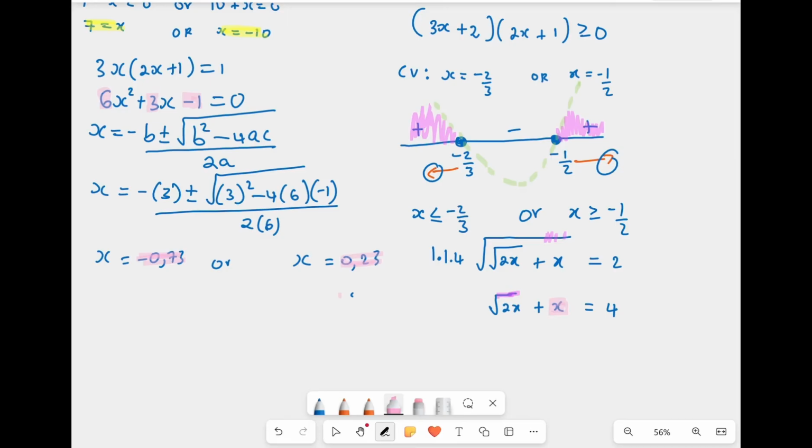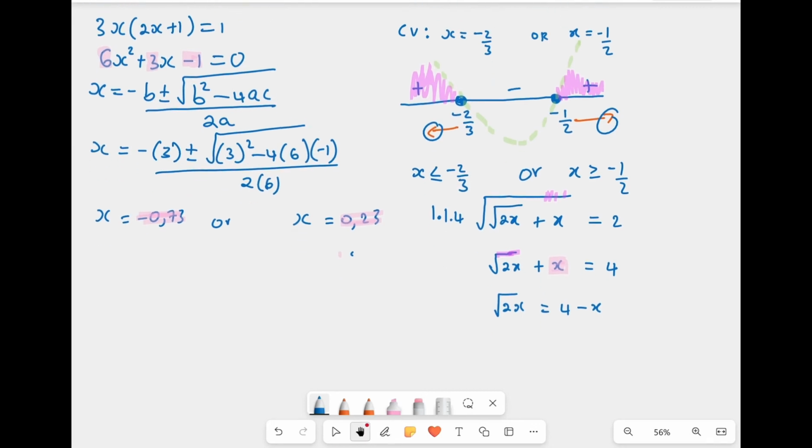So now that means we need to transpose this x so that we have 2x is equal to 4 minus x. Now you can see that there is nothing that is outside the square root. There is nothing that is not attached to the square root. We can now square on both sides.